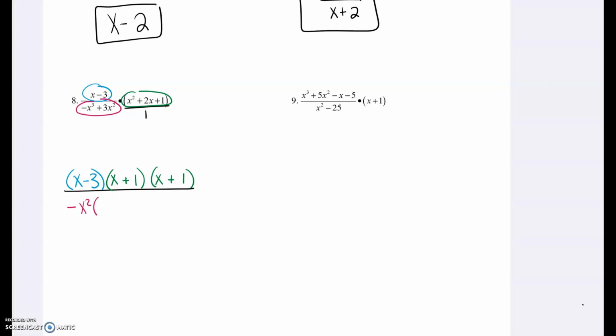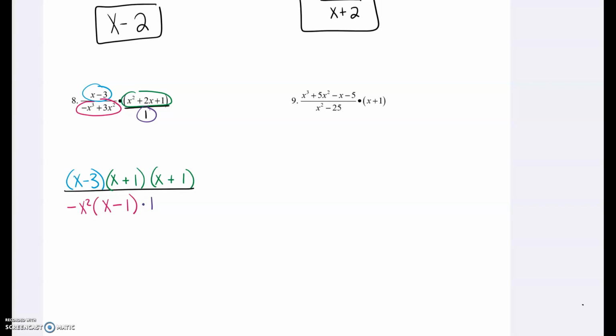So negative x cubed divided by negative x squared would just be a positive x left over. 3 divided by negative would be negative. x squared divided by x squared would be just 1. And then because the bottom of this other fraction is just a 1, there is a times 1 in there, but do you really need a times 1? No, you really don't.